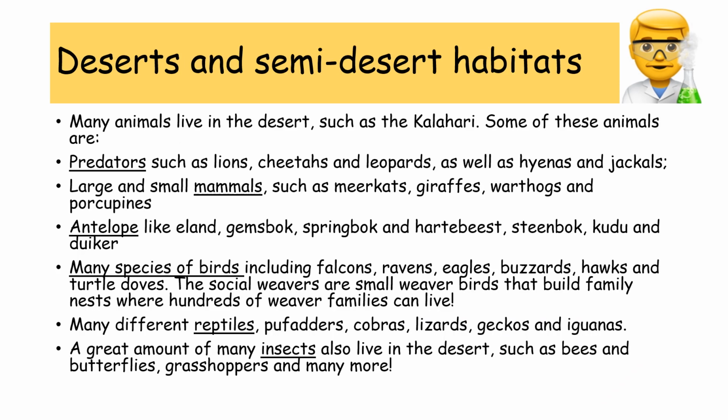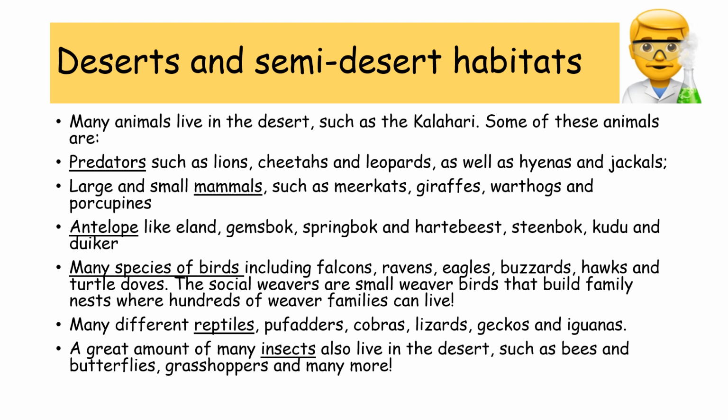Desert and semi-desert habitat. Many animals live in the desert, such as the Kalahari. Some of these animals are predators such as lions, cheetahs, leopards, as well as hyenas and jackals. Large and small mammals such as meerkats, giraffes, warthogs, and porcupines.